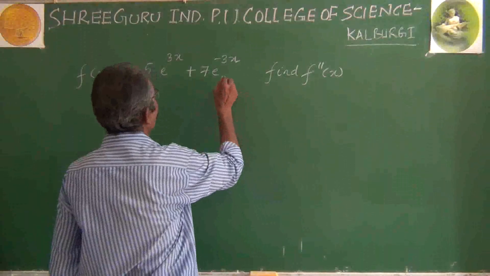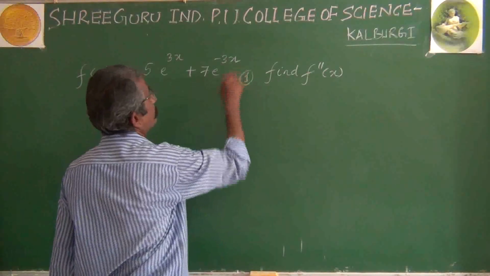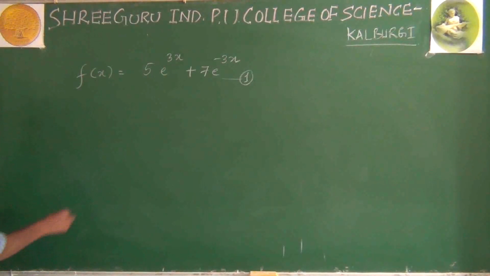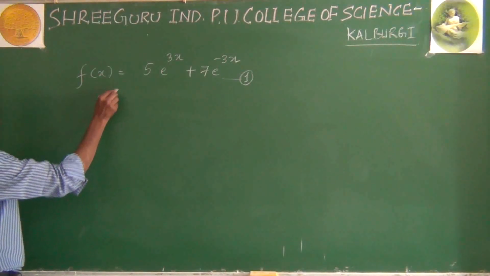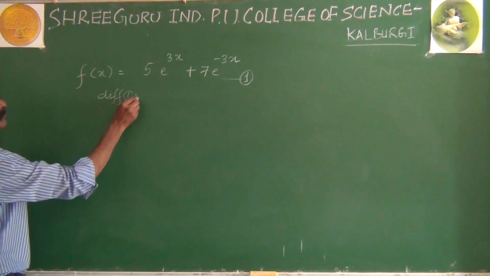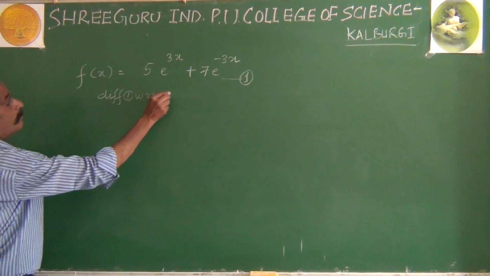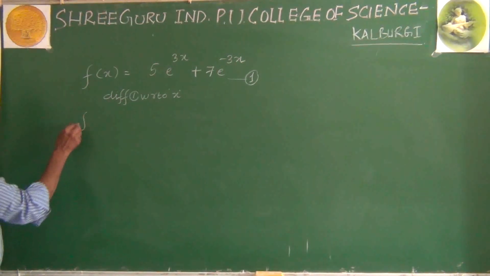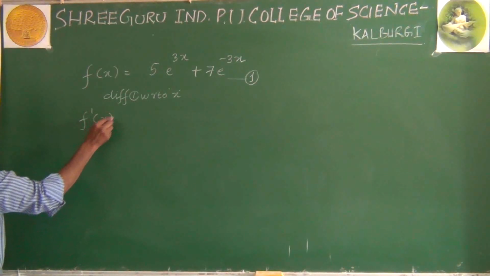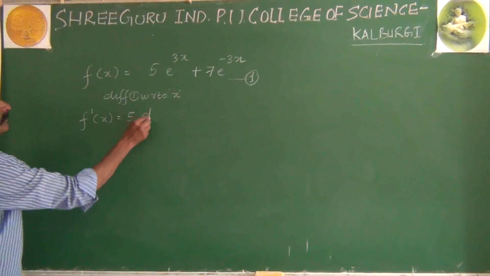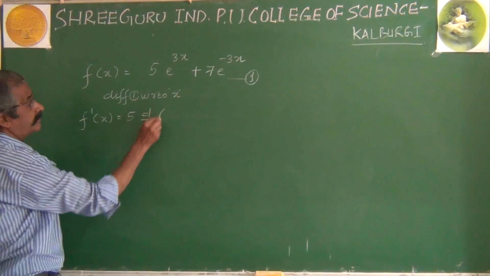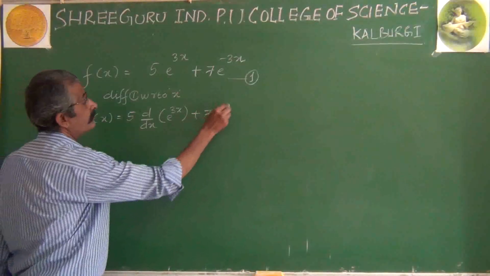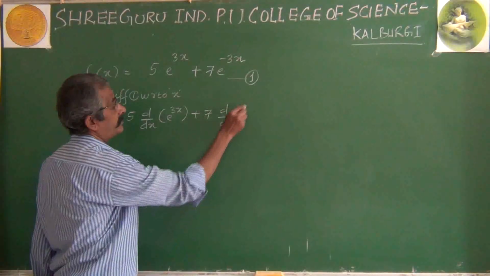So let's consider the given function. Call it equation 1 and differentiate with respect to x. Differentiation of f x will be f dash of x. Right hand side: 5 into differentiation of e power 3x plus 7 into differentiation of e to the power of minus 3x.